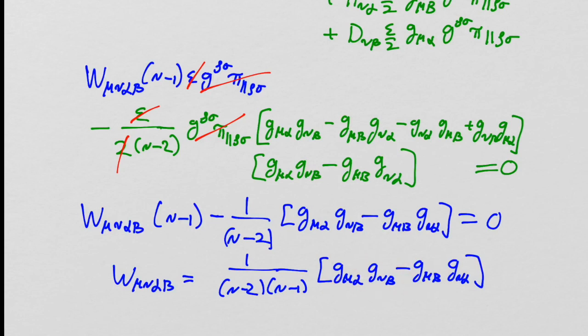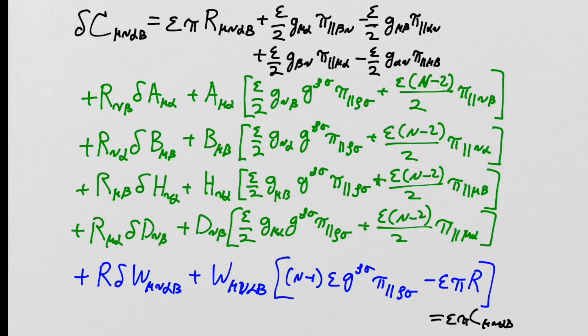We'll talk about it maybe in one of our next lectures when we do the traceless version. And you have this factor of 1 over n minus 2 n minus 1. So we've solved for this. And the purpose of this now is that these terms are now all eliminated by virtue of this guy. These terms are all eliminated by virtue of our choice here. And now we're done with our choosing.